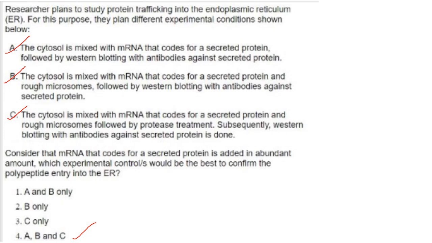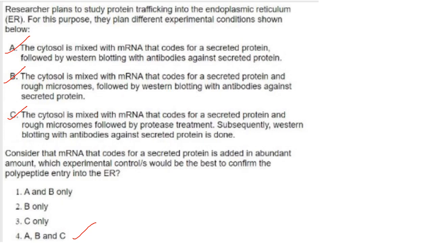The first one, the cytosol is mixed with mRNA that codes for a secreted protein. So you take the cytosol, mix it with mRNA in a test tube. The mRNA for the secreted protein is added in abundant amount. Then this is followed by Western blotting with antibodies against the secreted protein. So after that, translation happens, it will enter the endoplasmic reticulum. Oh, they have not added endoplasmic reticulum here.